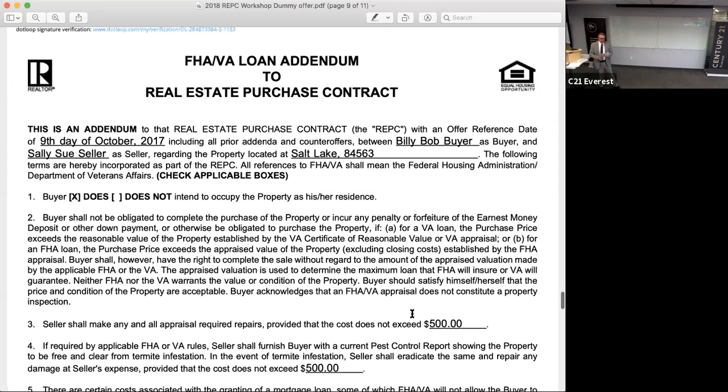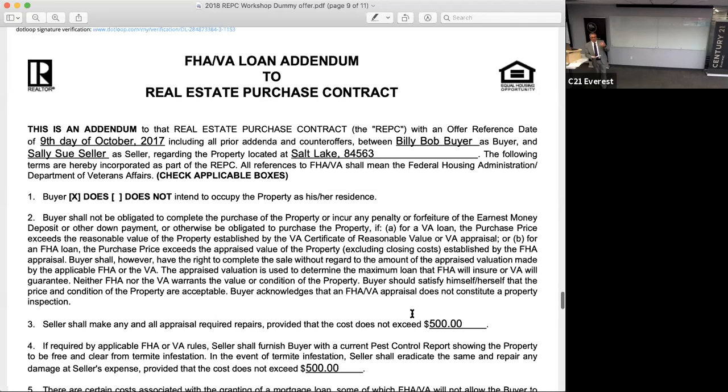So think about section 3 as being safety items. The appraiser is only looking for safety things. If there's a broken window, he's probably going to say, you've got to fix it. If they see cracked or peeling paint, that's going to be an issue.